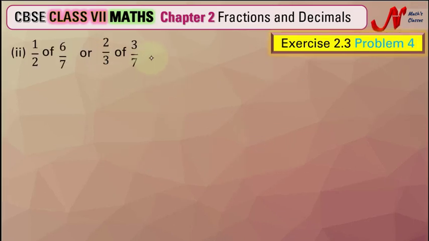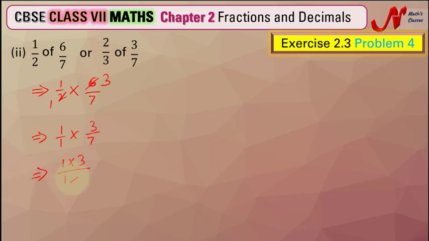Now we solve the second bit of problem 4. To compare the given fractions, we have to simplify them. So 1 by 2 of 6 by 7 can be written as 1 by 2 into 6 by 7. Here cancellation is possible, so we cancel 2 ones are 2, 2 threes are 6, which implies 1 by 1 into 3 by 7, which implies 1 into 3 by 1 into 7, which implies 3 by 7.